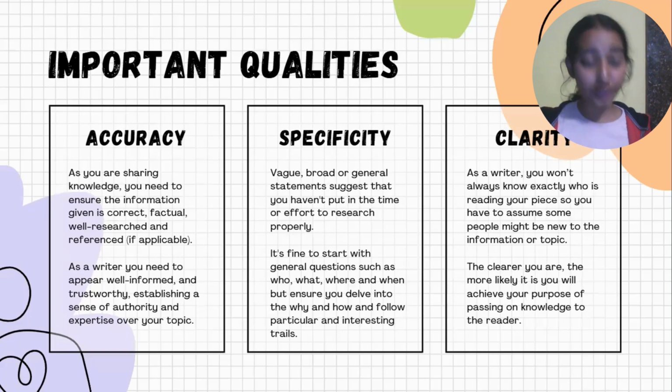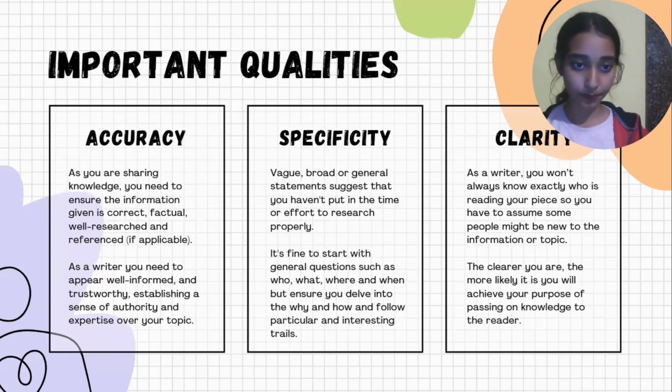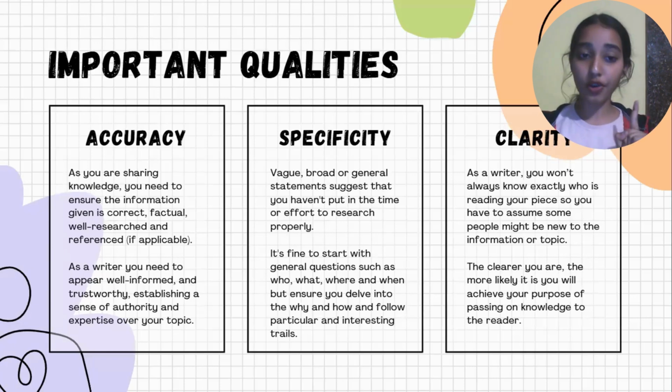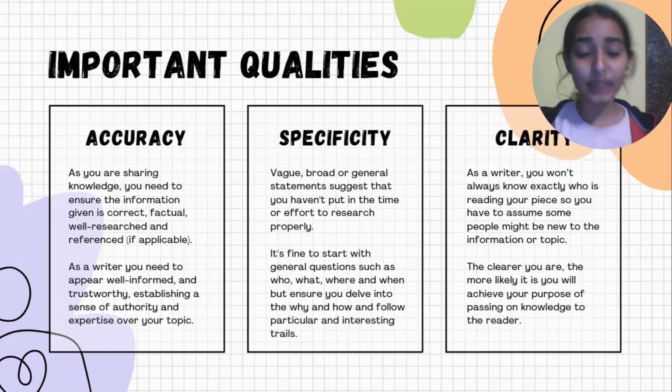There are important qualities that should be there in your informative text so that the reader is intrigued to read about it. The first important quality that your informative text must have is accuracy, specificity, and clarity.